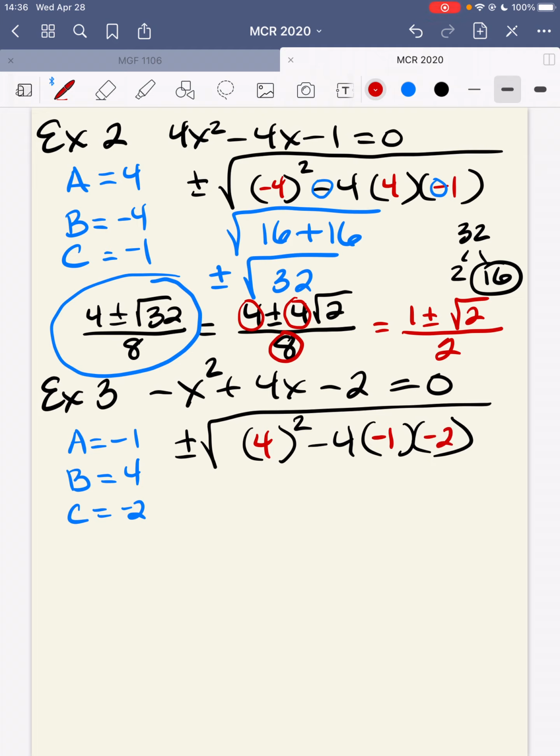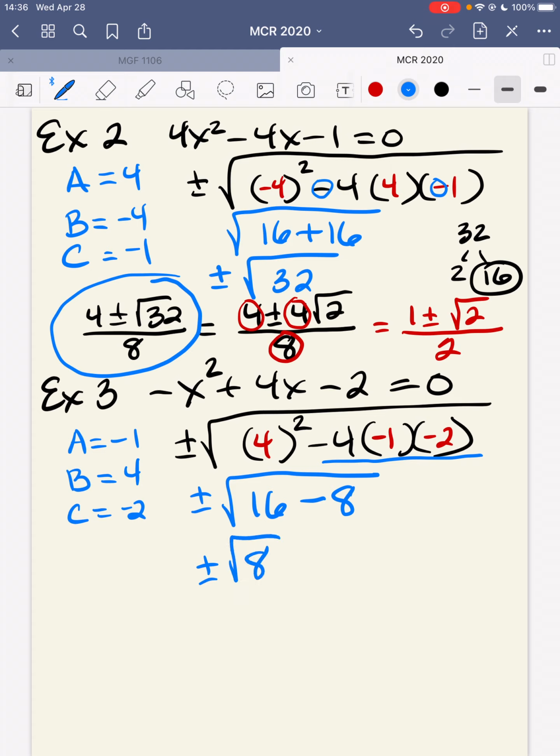Now what's going to happen on this end here is I have 3 negatives, so it's still going to say minus, because a negative times a negative is a positive, but a positive times another negative is a negative. So this is going to stay minus. So I have 16 minus 8. Again, it's a square root with plus or minus, which gives me plus or minus the square root of 8.